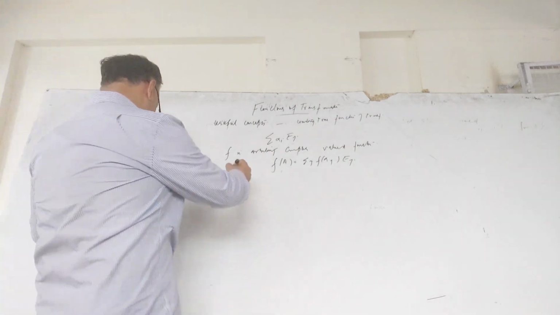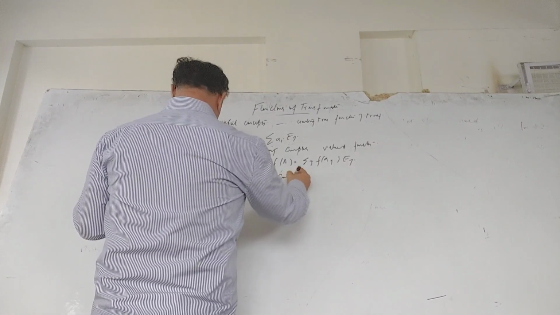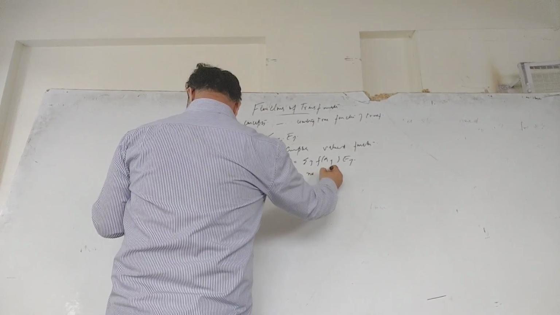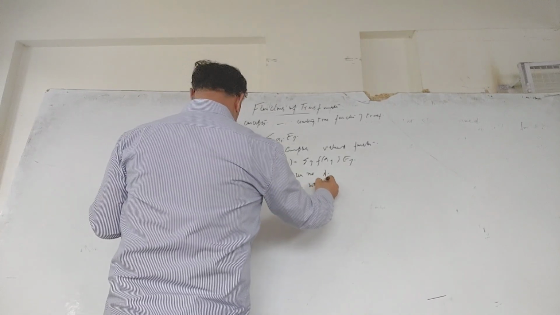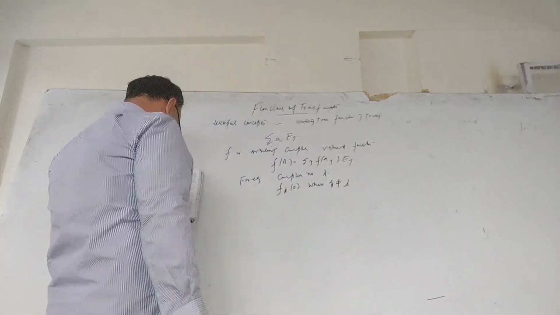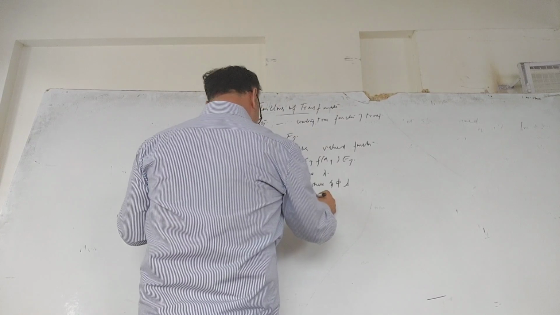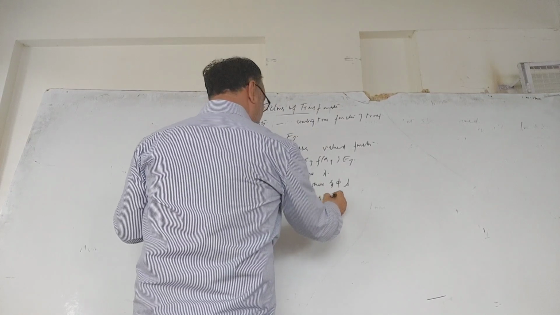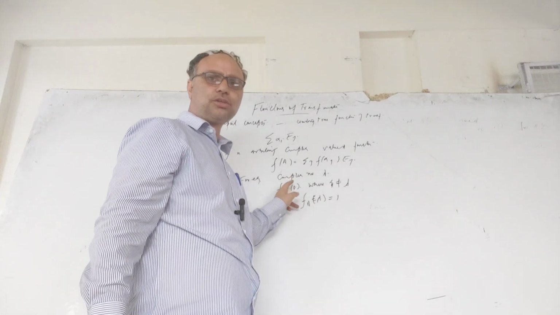So for each complex number lambda, f of zeta is 0 whenever zeta is not equal to lambda, or f of lambda is equal to 1. So it's like either it's orthogonal or it's not.